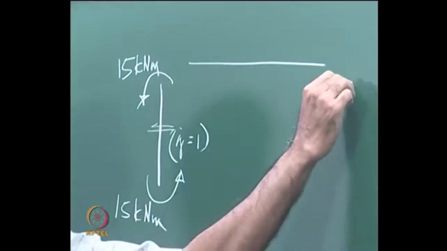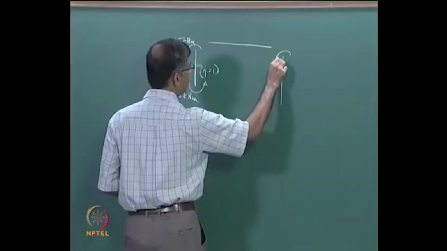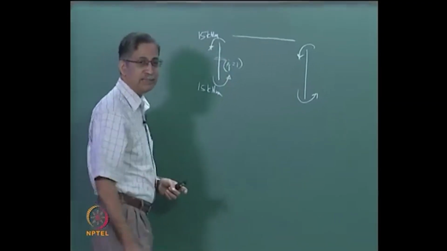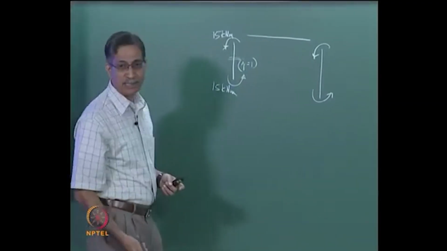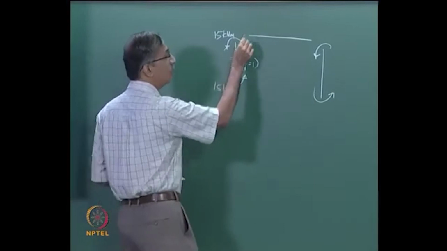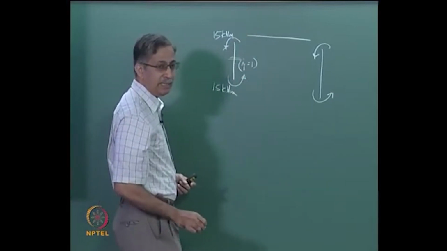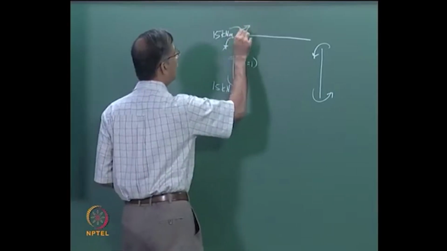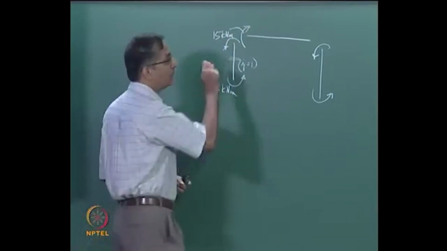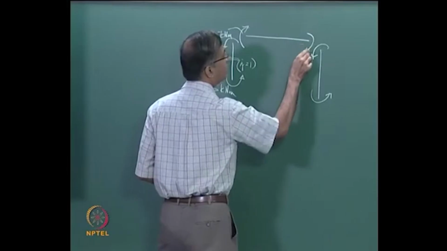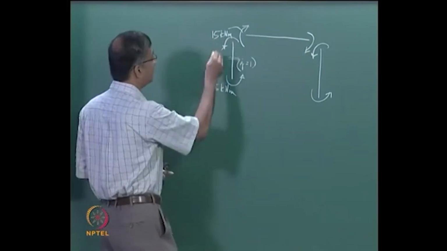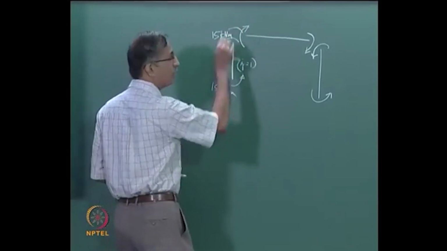You had another identical column with the same moments, I am not going to write them down. Now equilibrium demands, or Newton's third law demands, that the beam end moment must be equal and opposite, so it will be clockwise, and it will also be equal to 15 kilonewton meter, both here and here. So it is as easy as that. This is going to be equal to that.